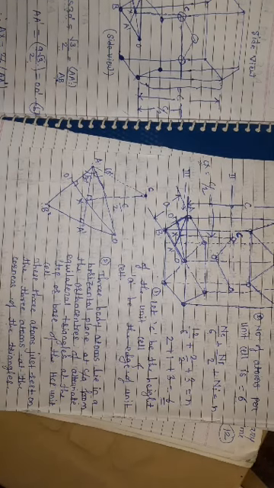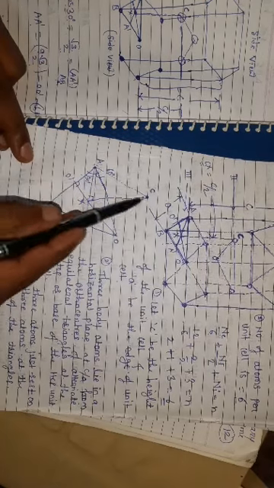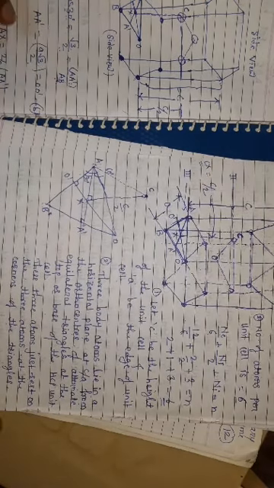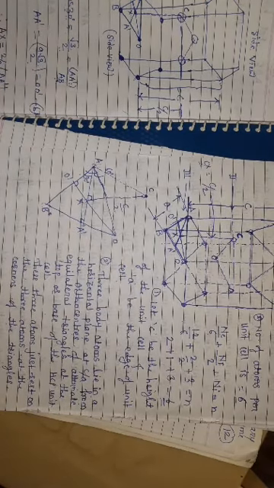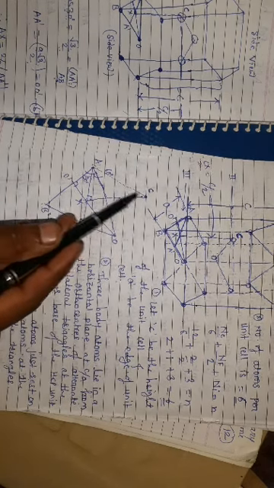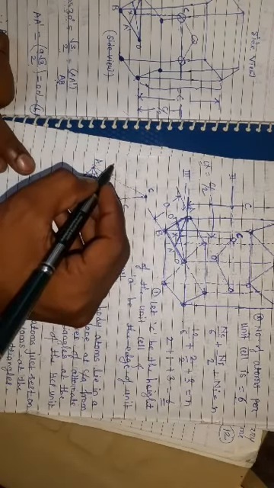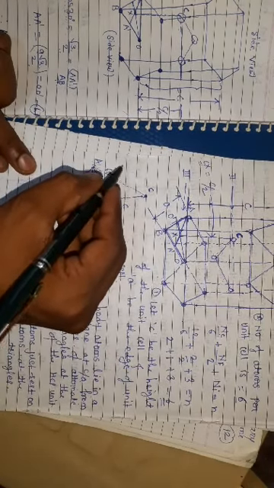How to find out? See exactly, ACX is the right angle triangle. By using Pythagoras theorem, to find out the value of AC. But this AC is A. What is the value of this AC?